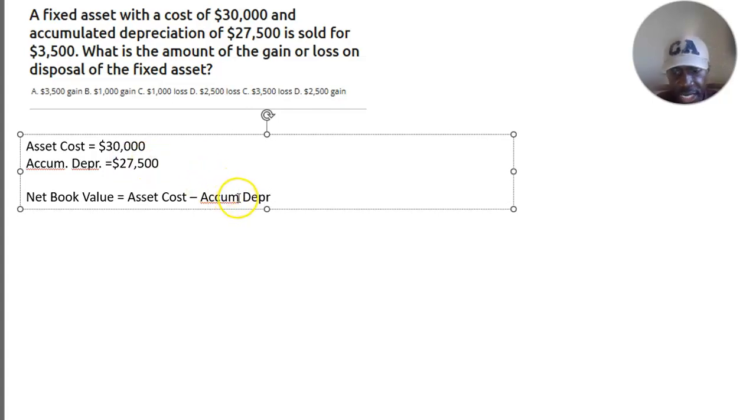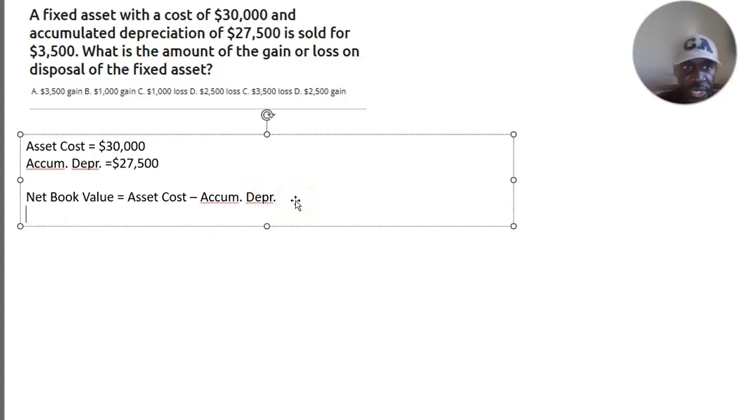All right, which, as we know, is asset cost $30,000 minus accumulated depreciation 27,500. This gives us a net book value of 2,500. This is the worth of the asset. This is what the asset is worth on the day that the owners decide to sell it.